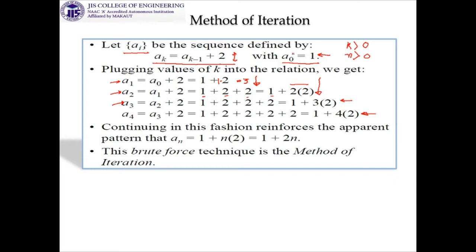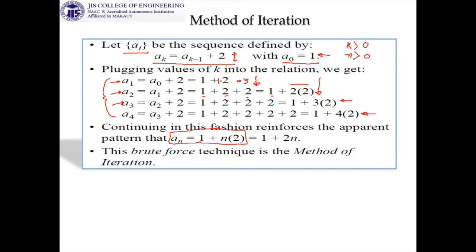We get an equal to 1 plus n into 2, because this structure will give all these terms by putting n equal to the subsequent values.